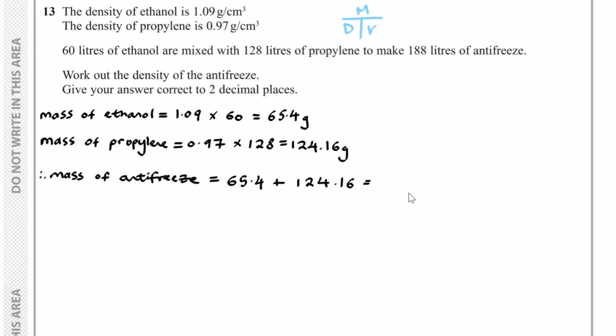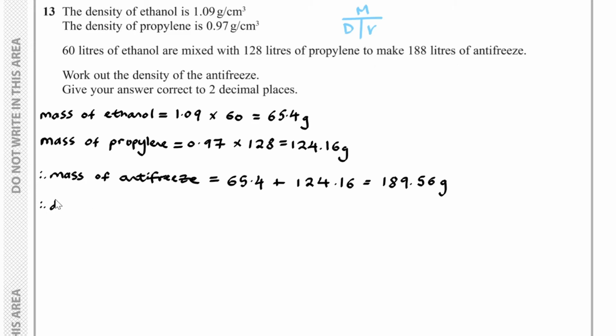So if I work all of this out, we end up with 189.56 grams. Okay, so with that we can find out the volume of antifreeze. We know the volume of antifreeze, that's 188. So with this we can find out the density.